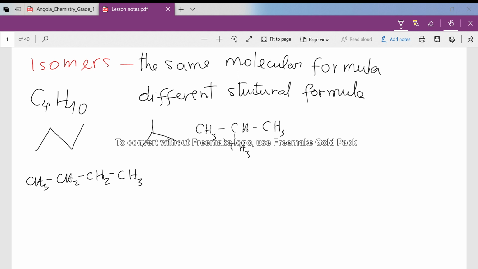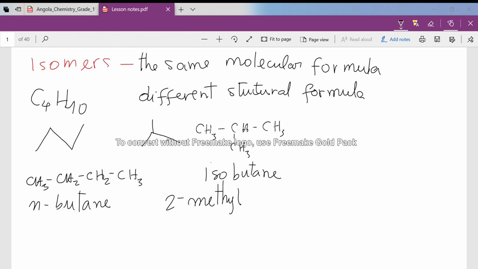This formula is the same for butane, or n-butane, which means normal butane, and for isobutane, or 2-methylpropane.